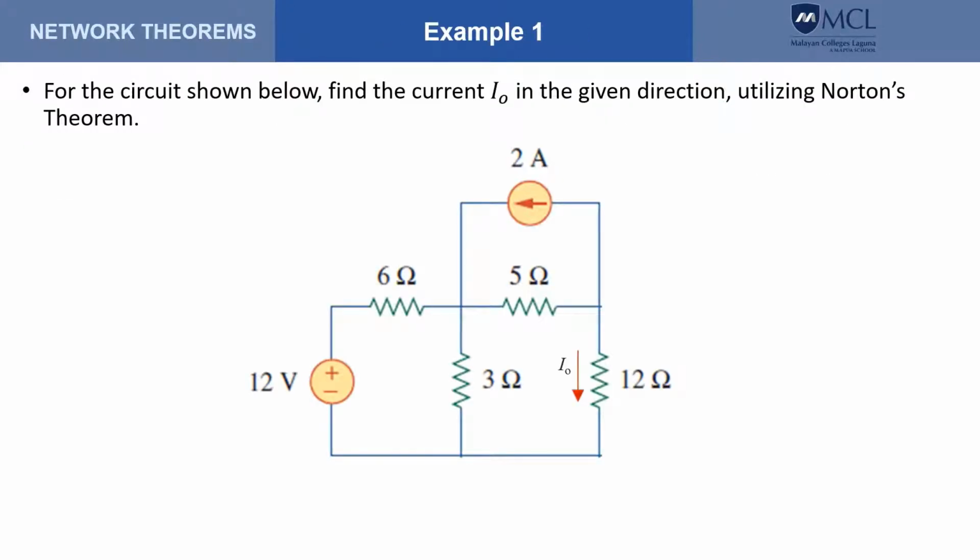So let's have our first example to show how Norton's theorem works. This is the same example that we did for superposition and Thevenin's, so let's see if we'll get the same result. Again, we're asked to find current I sub naught.